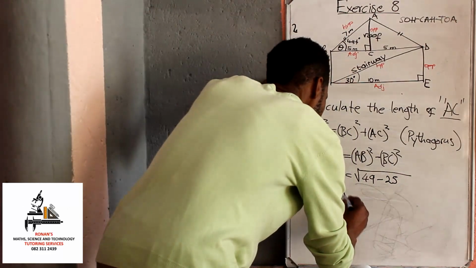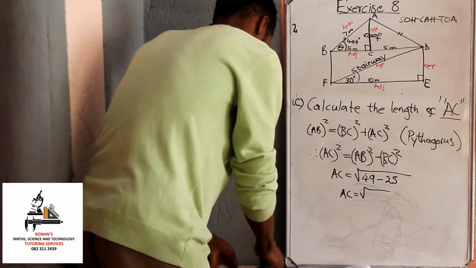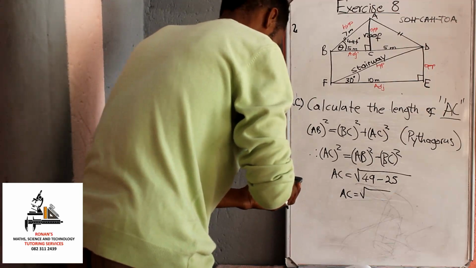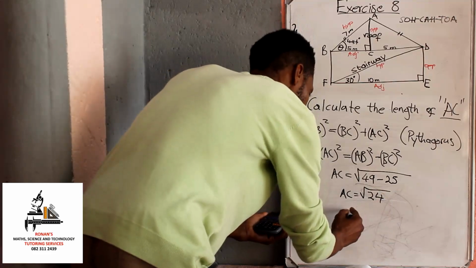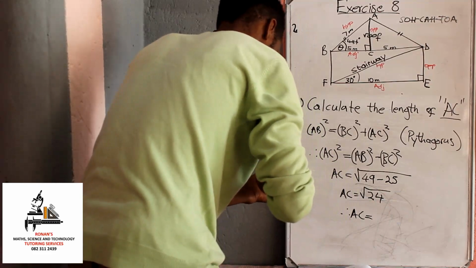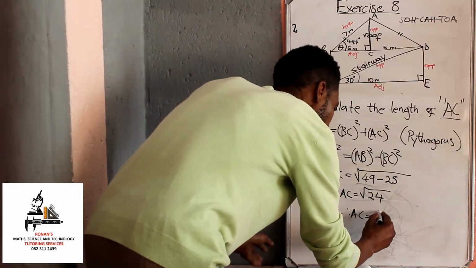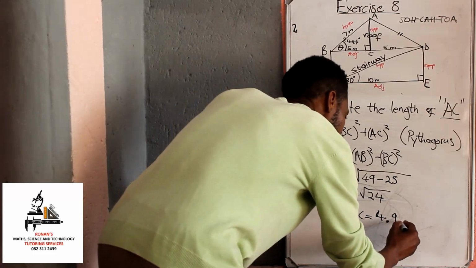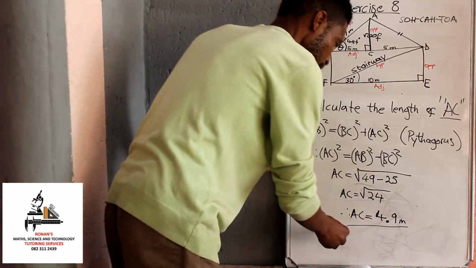And therefore AC will be equal to the square root of 24, giving us 4.9 meters. That will be 4.9 meters for AC.